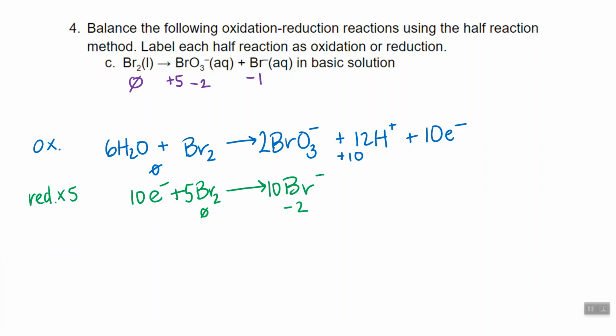So now I want to cancel out anything that is the same on both sides. So the electrons will cancel out, and that's about it. So now we can go ahead and combine these 2 equations together.